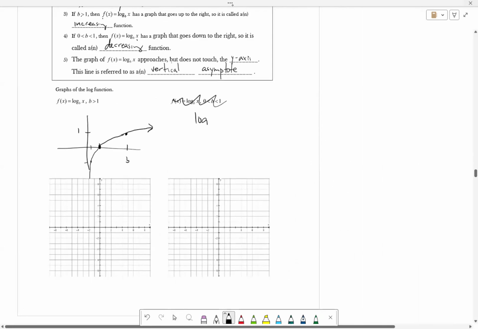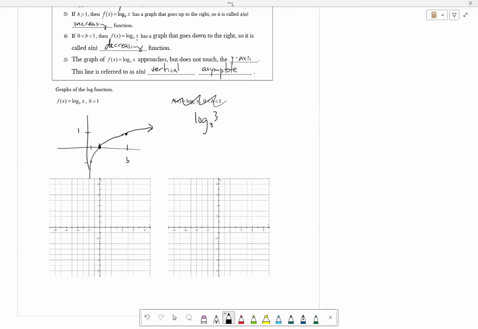But if I ask you for log base 3 of 3, do you remember what that would be equal to? Think about it. Check with the neighbor. Log base 3 of 3. Why is it 1?